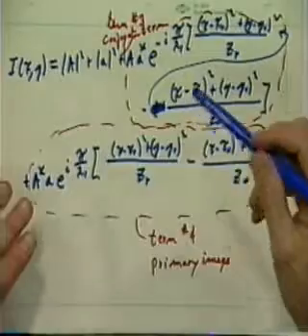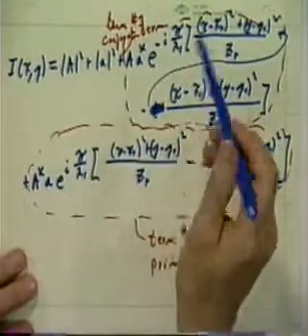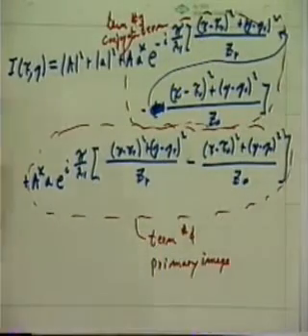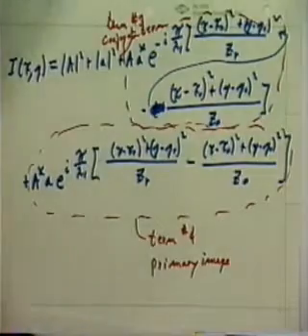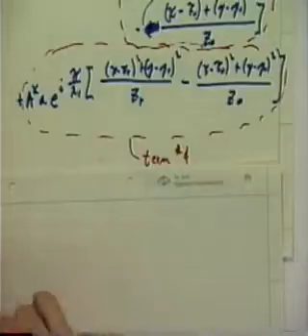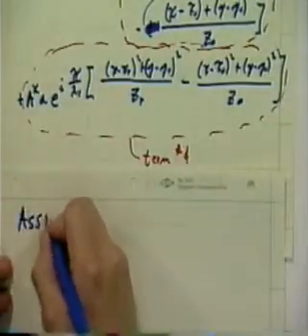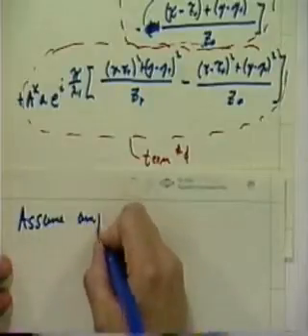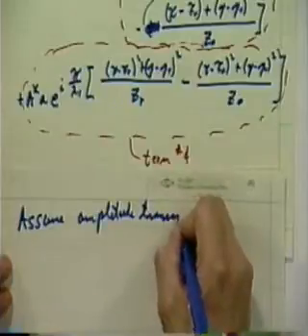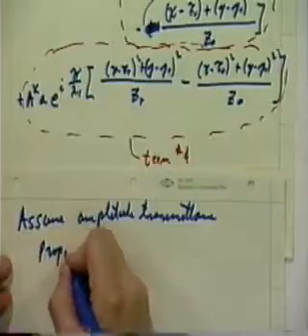Okay, so we have these self-interference terms, which we're not going to worry about right now. And we have the primary image and the conjugate image here. We're going to worry about them. Next thing is we're going to assume a linear process, so we're going to assume amplitude transmittance proportional to exposure.